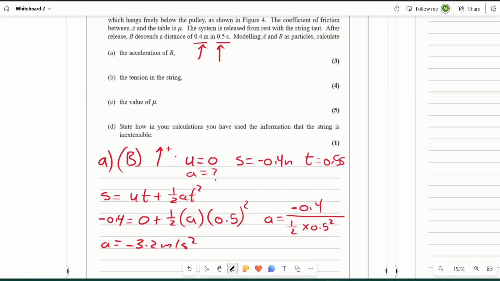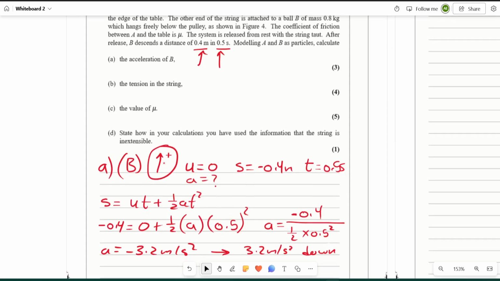The negative here indicates what? Since I took up as positive, negative means down, so the acceleration is 3.2 meters per second squared downwards, okay? I would never use up as positive in the test, just to make my life easier, because I know that the acceleration is going to be down, to ease the calculations, but I just wanted to show you.